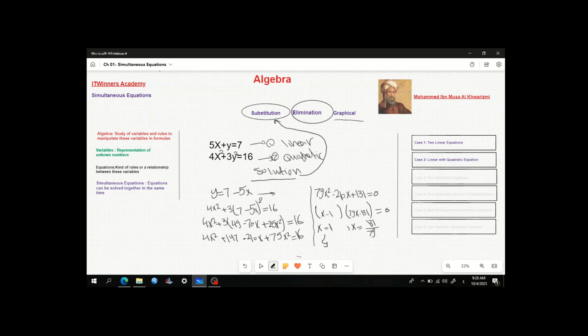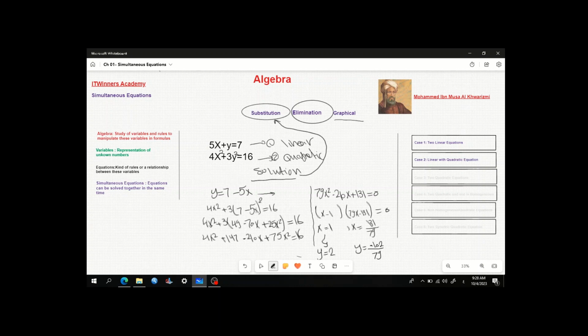I can back substitute to get y in the first equation. If I substitute for x in the first equation, I get y equal to 2 if x equal to 1, and y equal to minus 102 by 79.